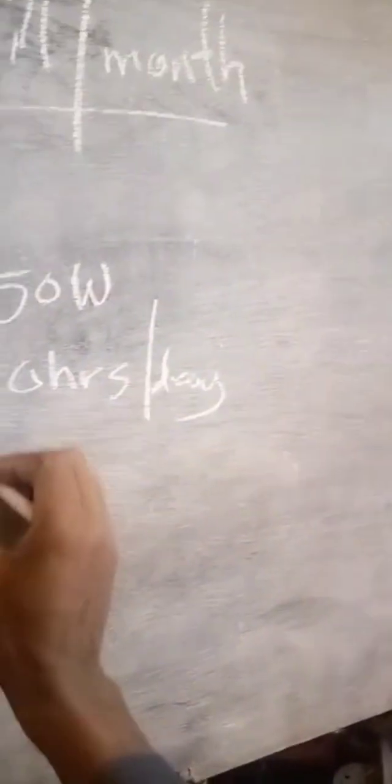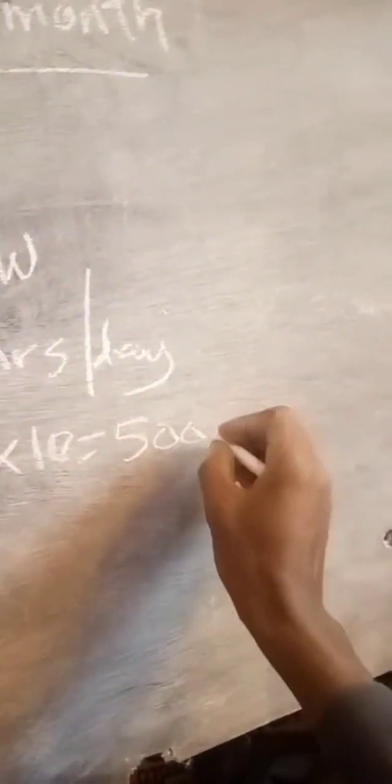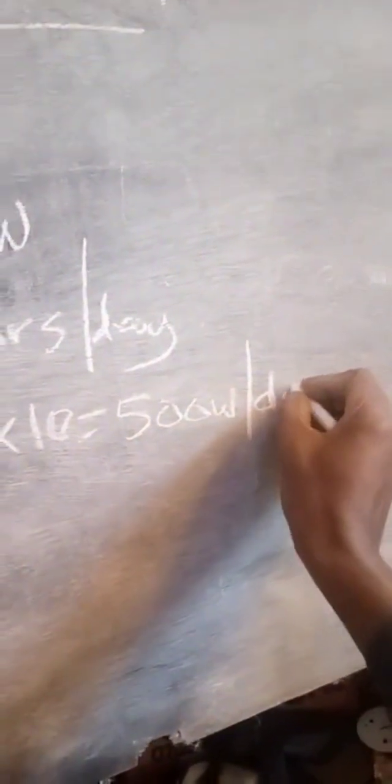So giving an example, if I have a 50 watts load, and I'm using it 10 hours per day, then it means I'm using 50 times 10, which is 500 watt hours per day.